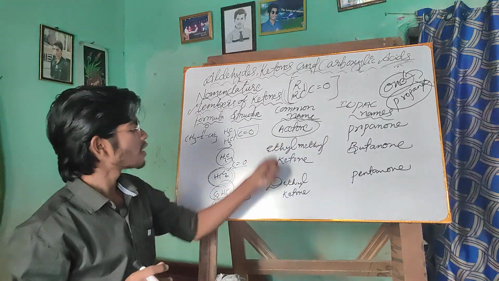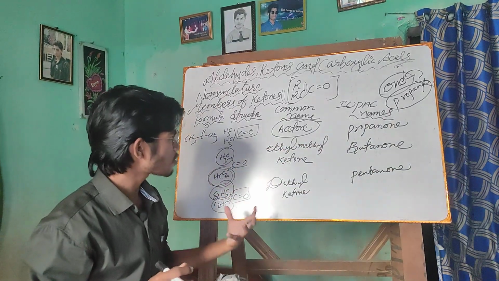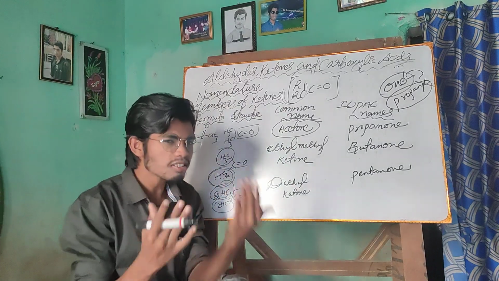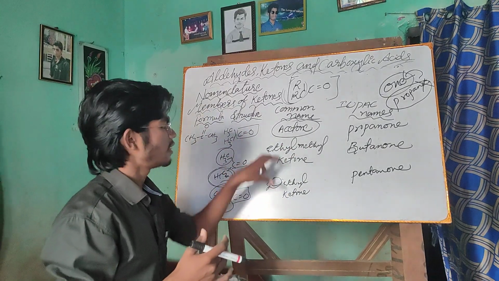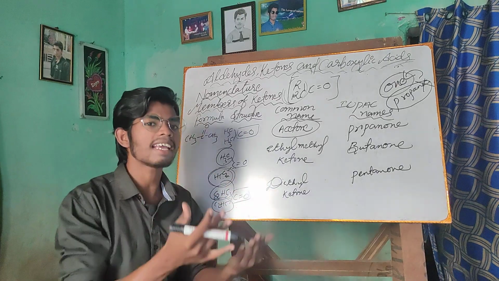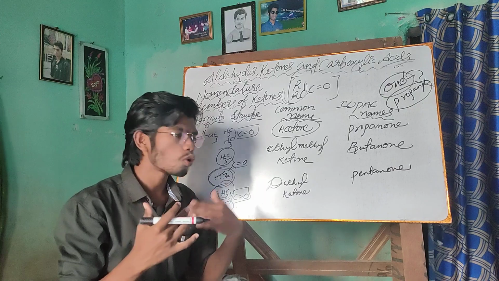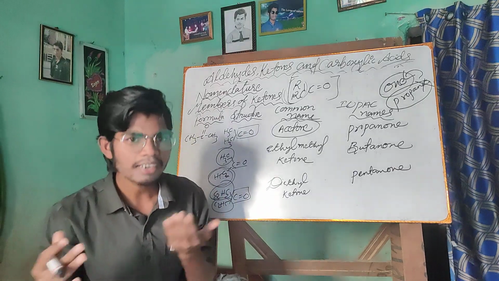Among these three members, acetone, ethyl methyl ketone and diethyl ketone are repeated again and again in the methods of preparation, as well as in chemical reactions.